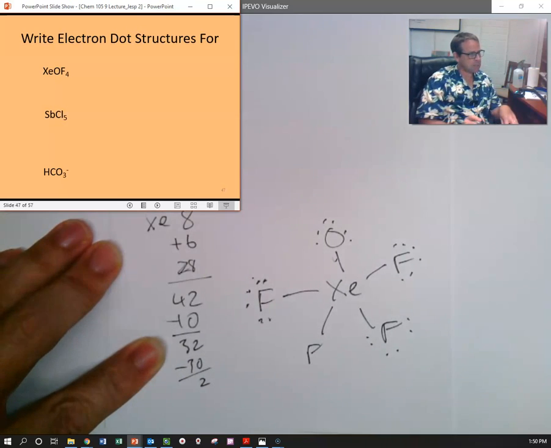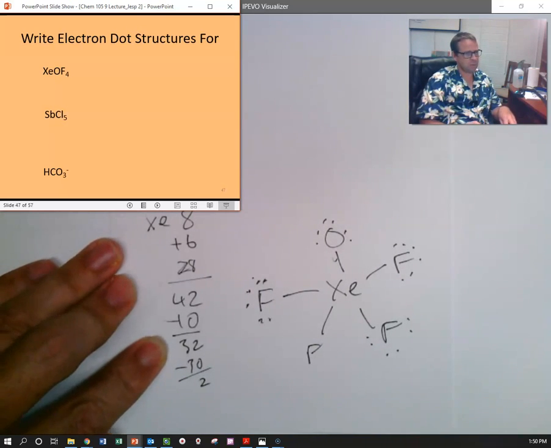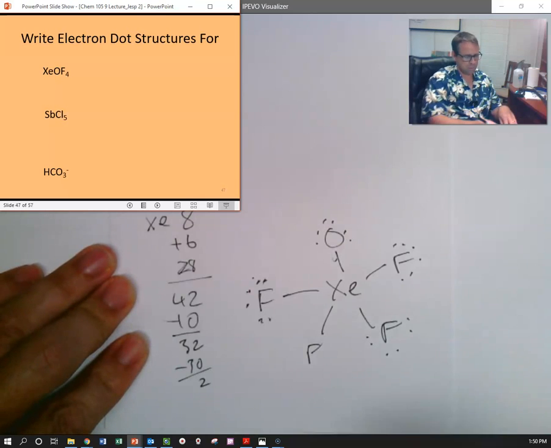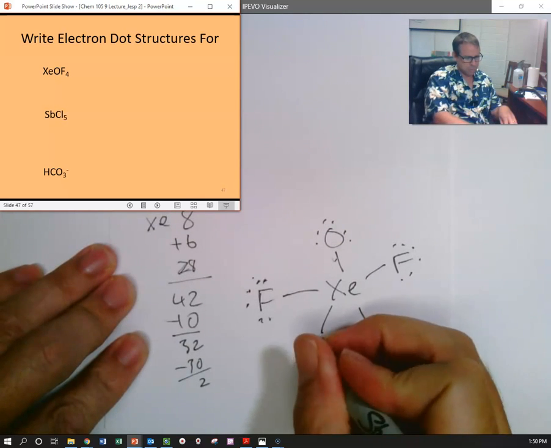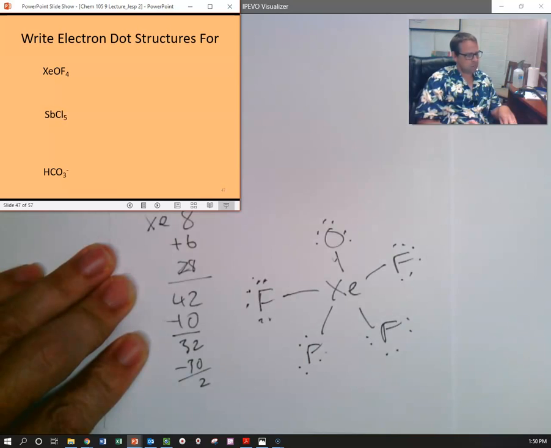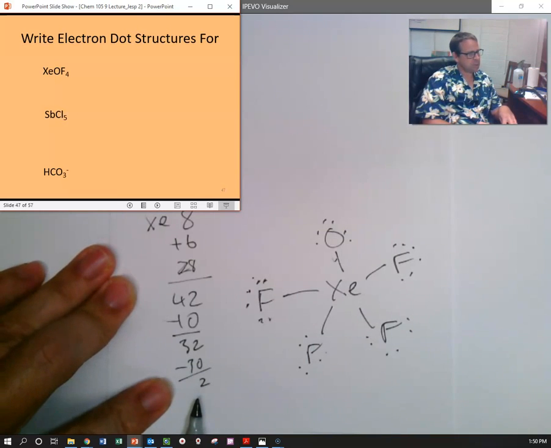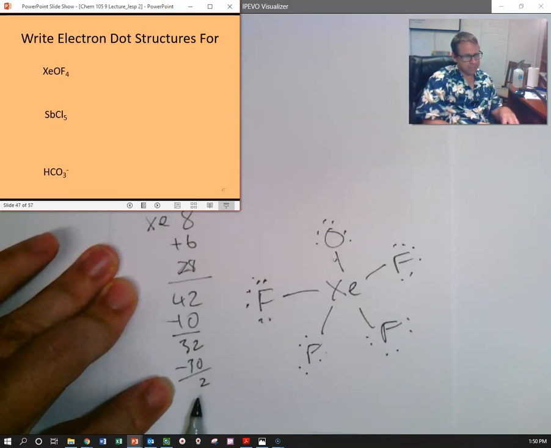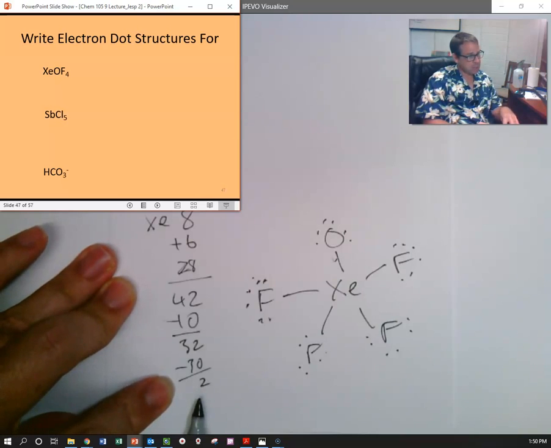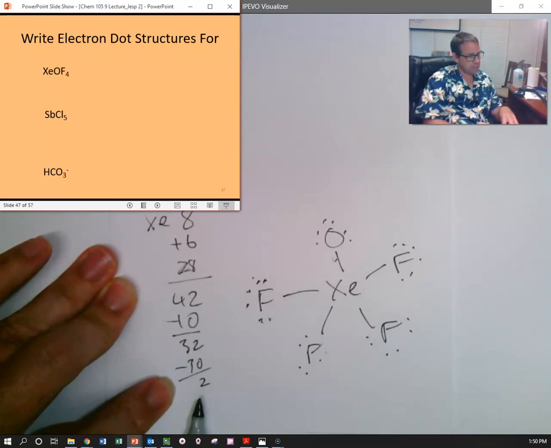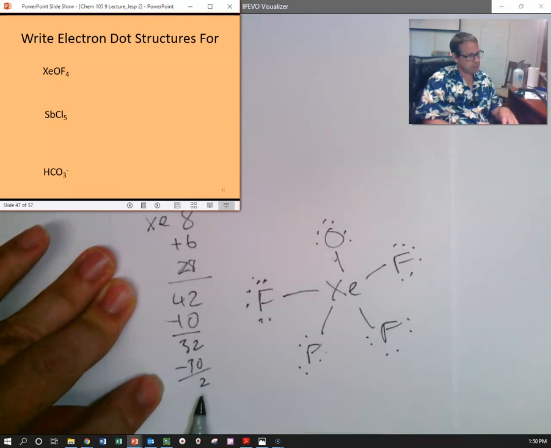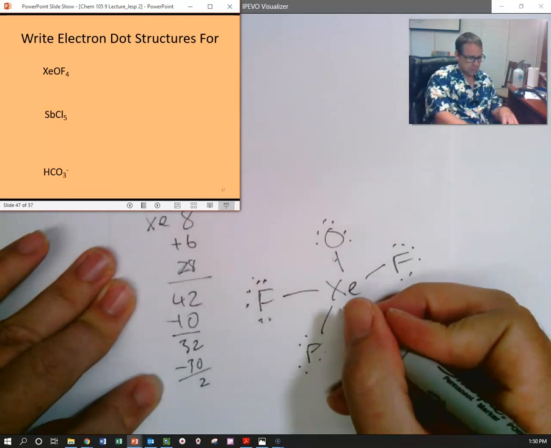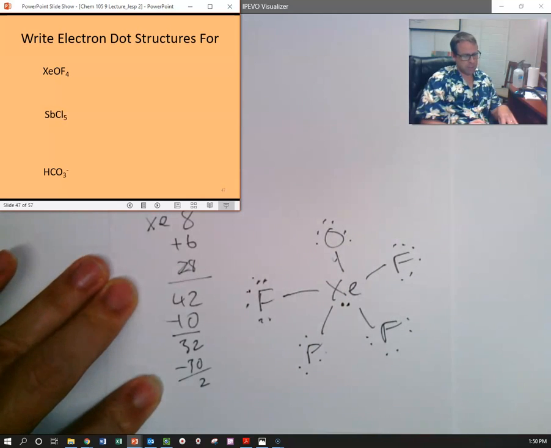And then where would we put the last 2 electrons, Precious? What would we do with the last 2? I'm not really sure. Well, that's what Nikki asked before. Did you remember what I said, Nikki? Where would we put these last 2 electrons? You would put them with Xe. That's right. We'd put them on the central atom.